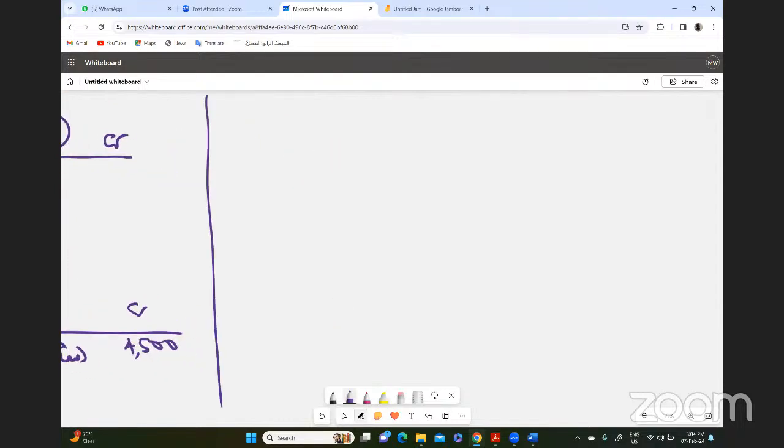So if this is where we have our subsidiary ledgers, for example, that's where we have our subsidiary ledgers and the data subsidiary ledgers.